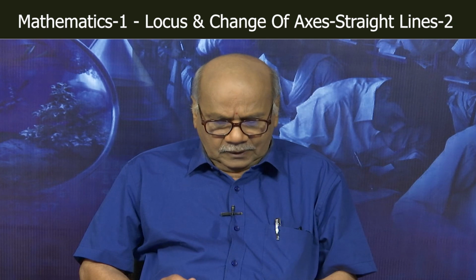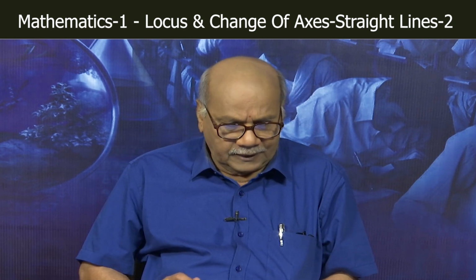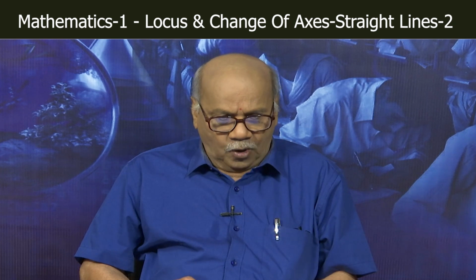Today again we are continuing yesterday's last class, that is locus, change of axis and straight line. Now this question number 27: the point (3, 2) undergoes the following three transformations in the order given.